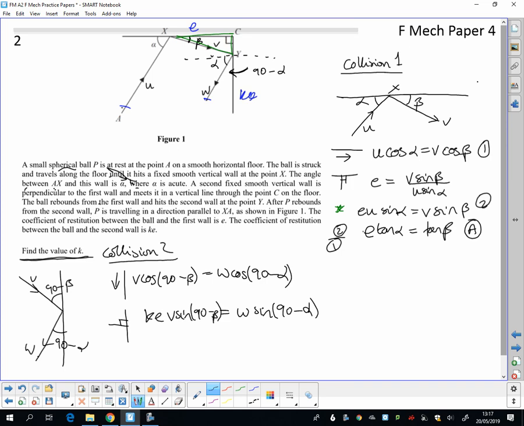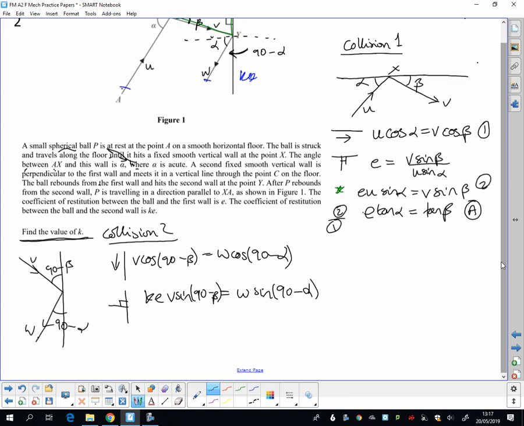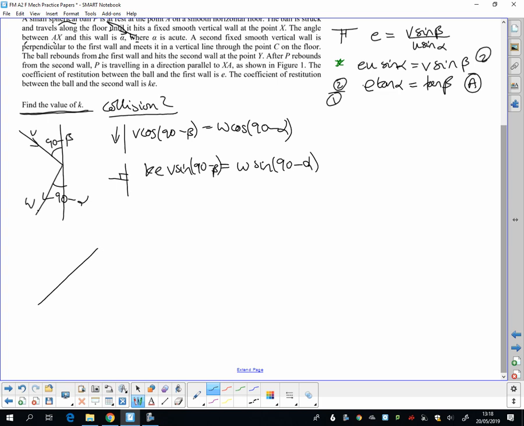Right, so this isn't particularly helpful at the moment, but what can we do? Well, you could have done this prior to writing it like this; it's just the way I did this. If you think about a right-angled triangle, where this angle is beta and this angle is 90 minus beta, if I label the sides relative to beta, that's the hypotenuse, that's the adjacent, that's the opposite.